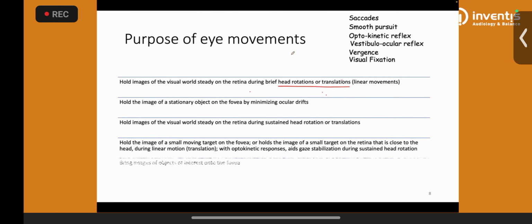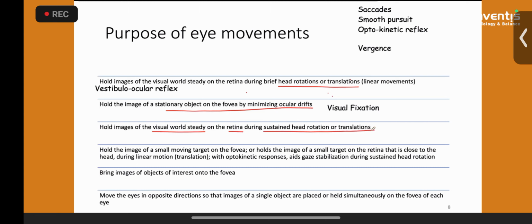The third purpose of eye movement is to hold images of the visual world steady on the retina during sustained head rotation or translation. Suppose you are sitting in a train and looking outside at the scenery, or you are on the platform looking at the train.